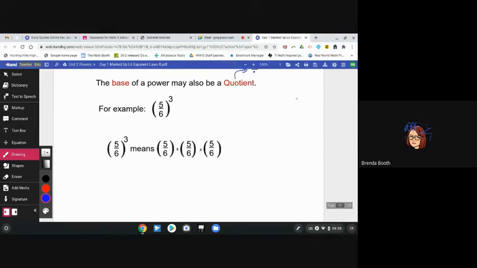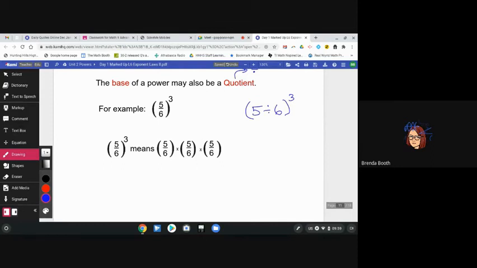So if we take a look at this first example, it shows you what it would look like. I know it just looks to you like a fraction raised to a power, and we see what it looks like in expanded form. But remember that fraction is really the same thing as 5 divided by 6, all to the power of 3. And that's why it's called power of a quotient rather than power of a fraction, because we look at it as division.